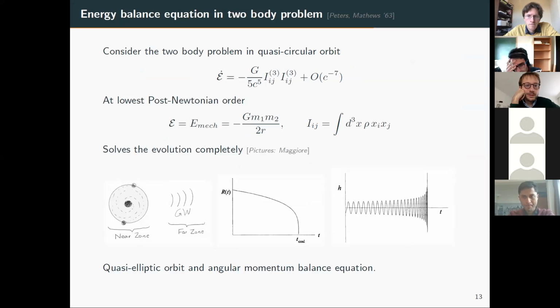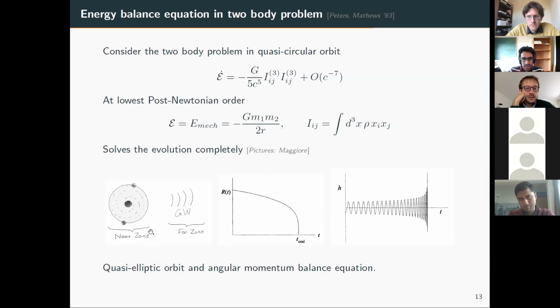Yeah, this is a good question. Let me mention some things that we know already. For example, if the system is orbiting in a quasi-elliptic orbit, you can use the angular momentum balance equation as well as the energy, and then these two determine the system completely.